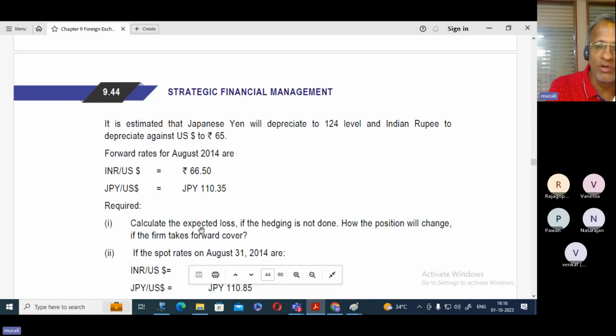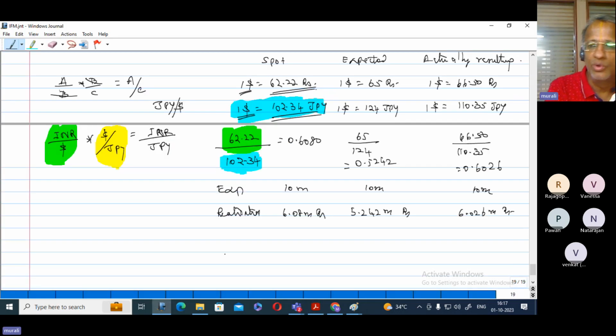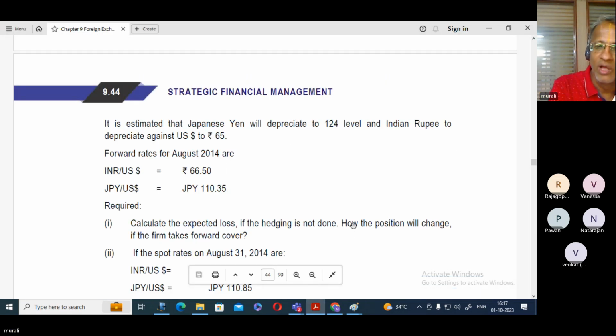Calculate the expected loss if hedging is not done. So if hedging is not done, how much is the loss? Next one, how the position will change if the firm takes forward cover.